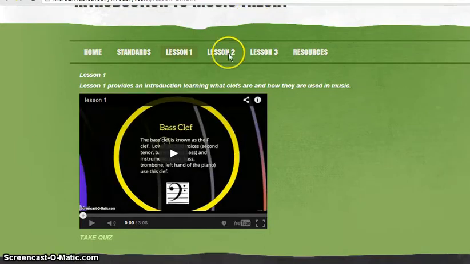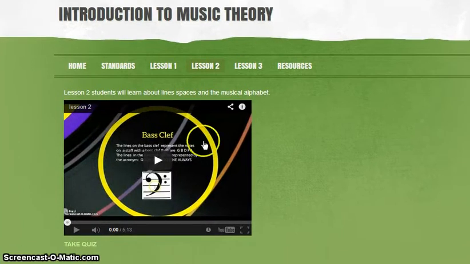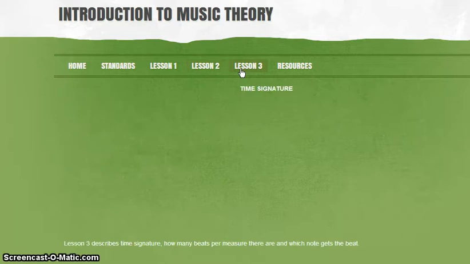Lesson two, this is where the students will learn about the lines and spaces and the musical alphabet. And you can also take a quiz there.